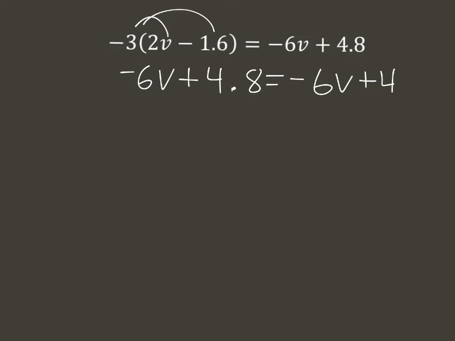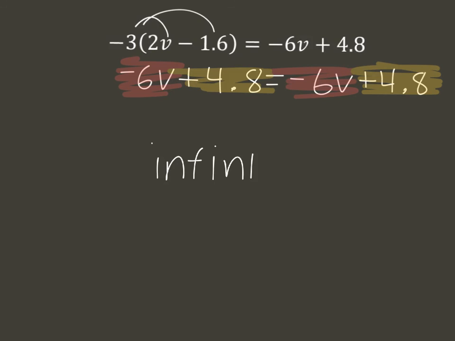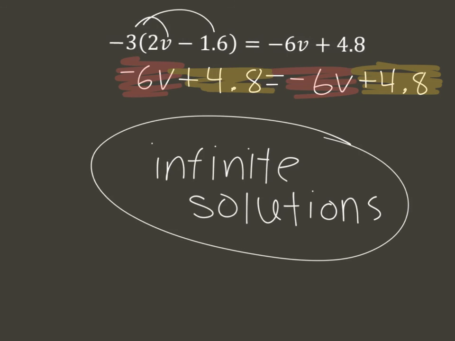When I bring everything else down, notice when I'm comparing coefficients, both of my coefficients are still negative 6, but this time, when I look at my constants, they are both positive 4.8, so they match perfectly. When everything matches, your coefficients and your constants, this is going to be infinite solutions. So make sure you have that correct. Last slide and this slide are two different problems.